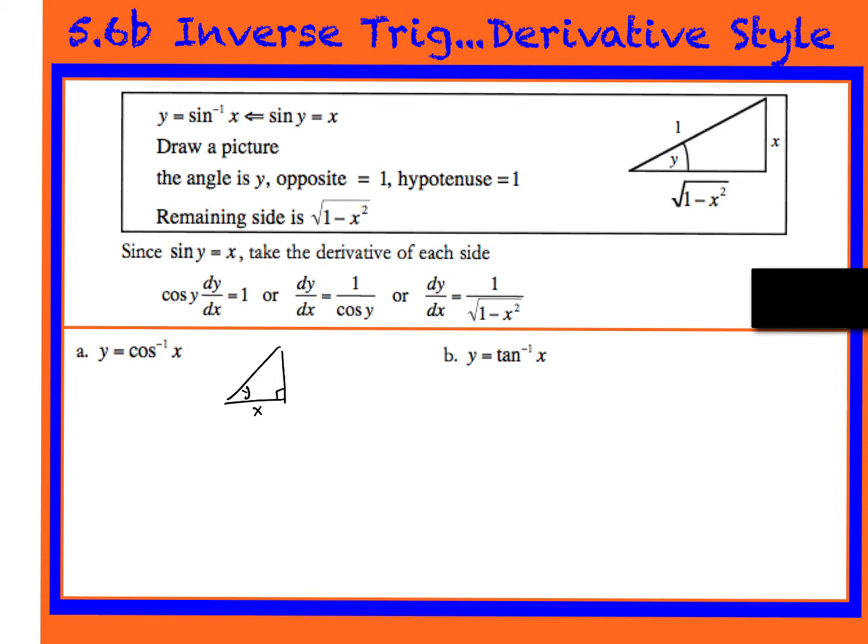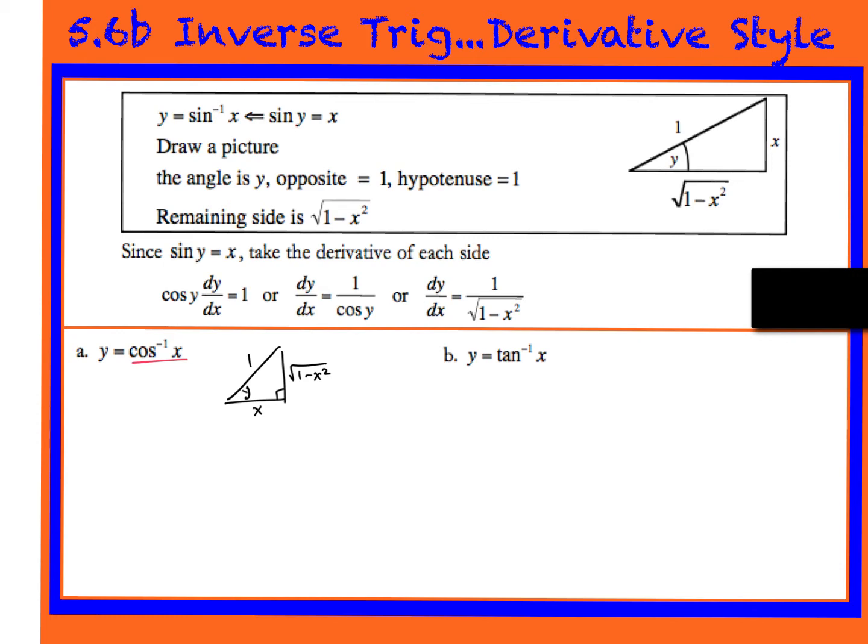And then what would be my hypotenuse? 1. So then what's my opposite side? Square root of 1 minus x squared, right? Pretty good? So then I don't know the derivative of arc cosine right now. I can't take a derivative of it yet. We're soon going to just use our note card, but I want to show you where it comes from.